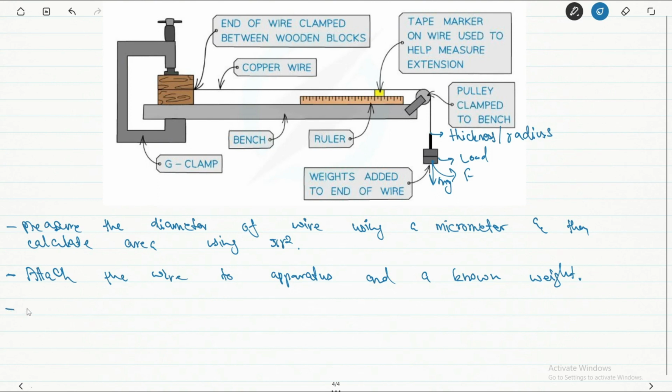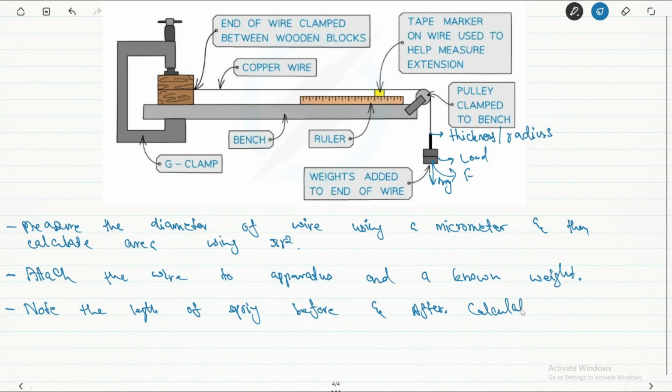And the last part is note the length of the wire before and after.